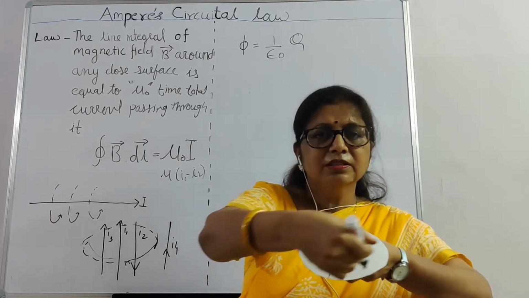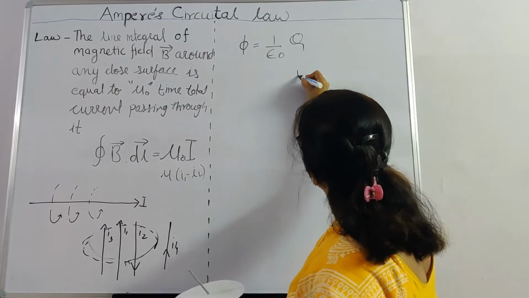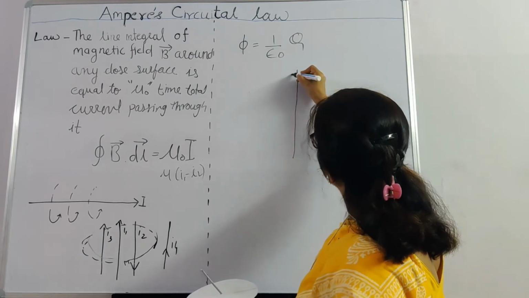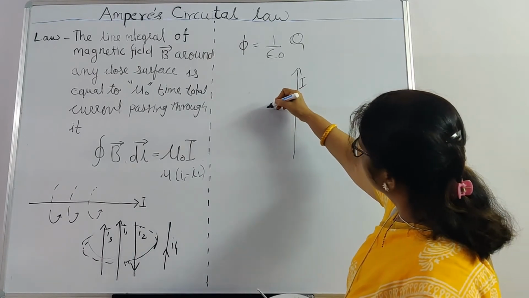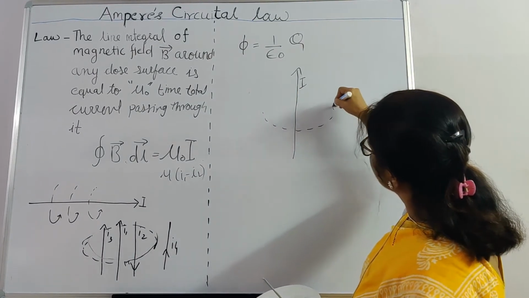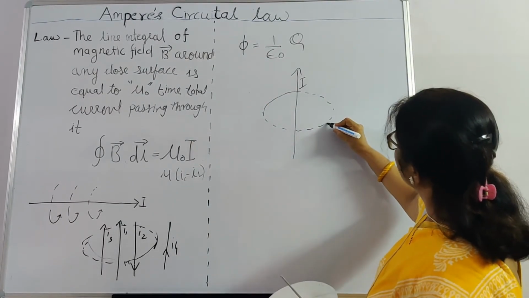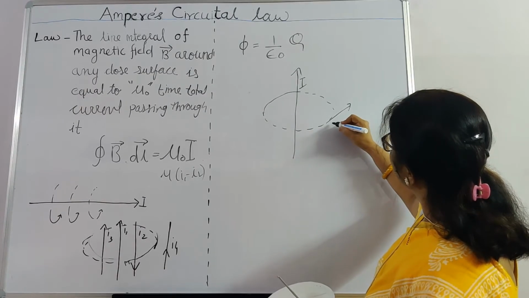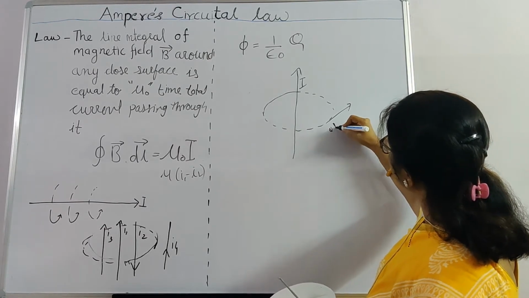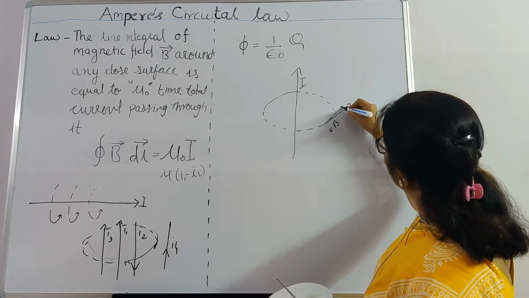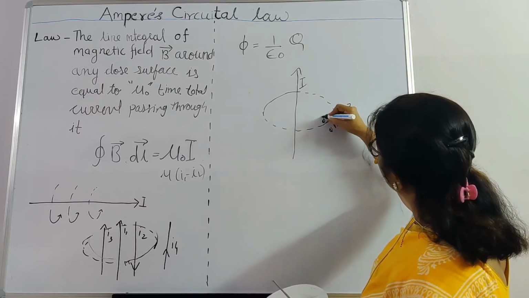perimeter of the circle. And if I am making this diagram here, see, current is going here, so this is the net current going in this direction, and here the closed loop is this. The direction of the magnetic field is here, and the direction of I is also the same, and the direction of dl is the same.